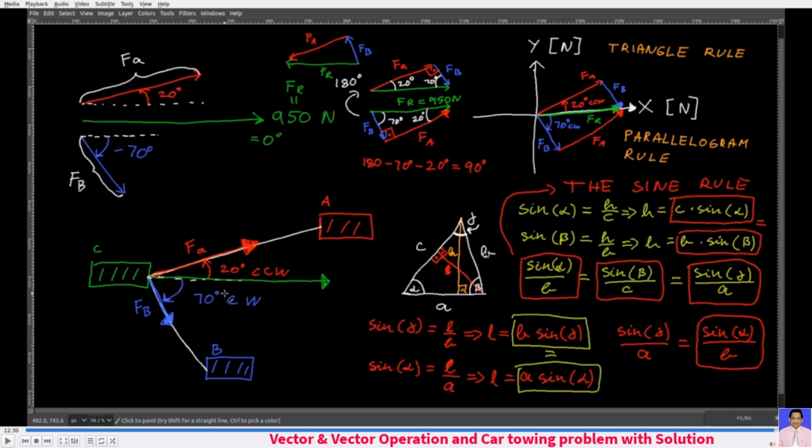So sine alpha over B, then you see the similar pattern here. Sine beta over C, beta is here, and then C is the opposite side to the angle beta. And the same thing with gamma. You have sine gamma over A, and A is the side opposite to the angle gamma.